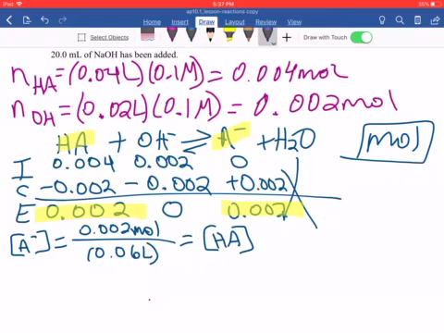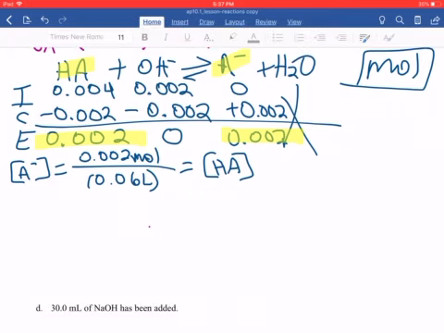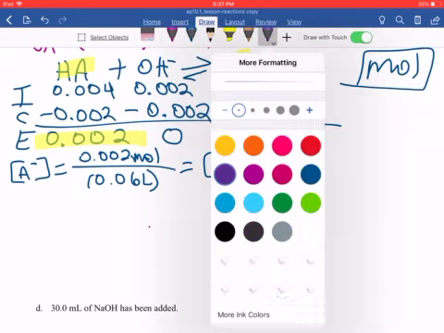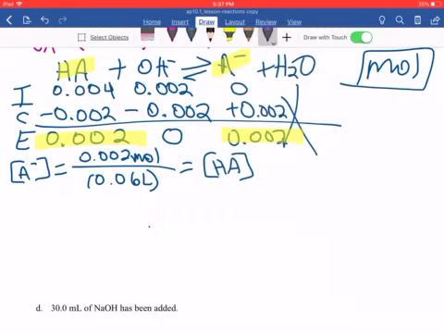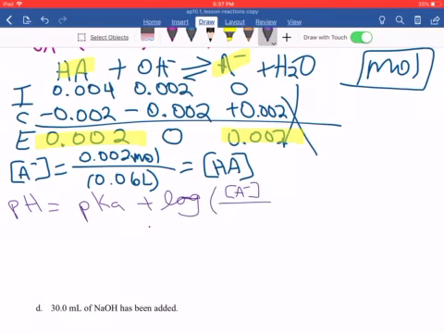Because in our Henderson-Hasselbalch equation, pH is equal to the pKa plus log of the concentration of acetate, or the conjugate, divided by the concentration of acetic acid, or the weak acid.